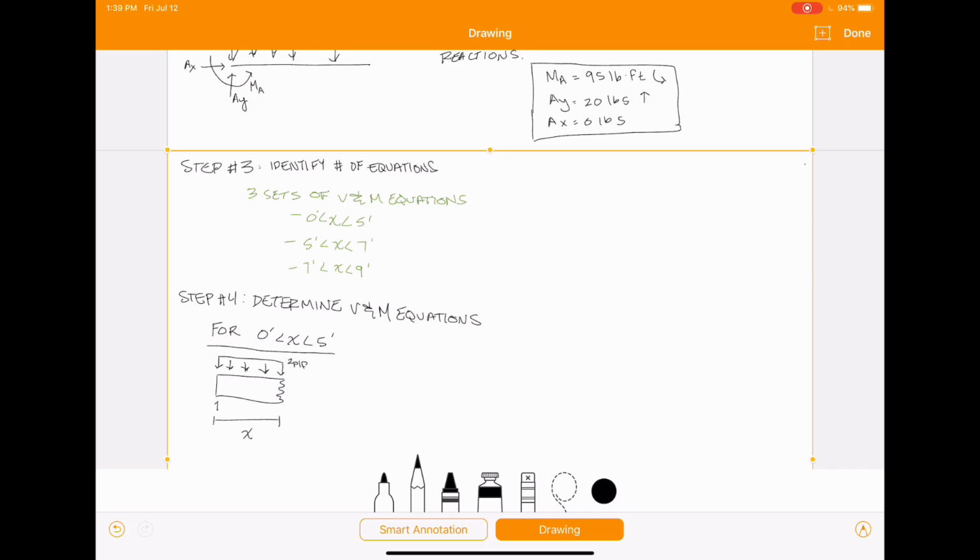Apply our reactions. And as we always do with cut sections, we apply our internal forces.